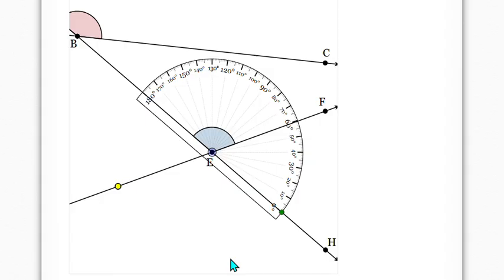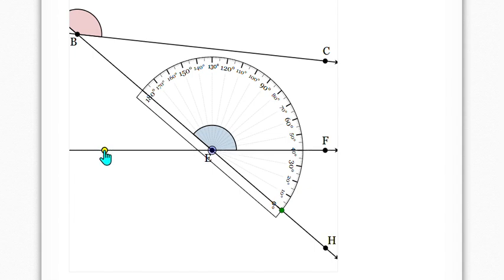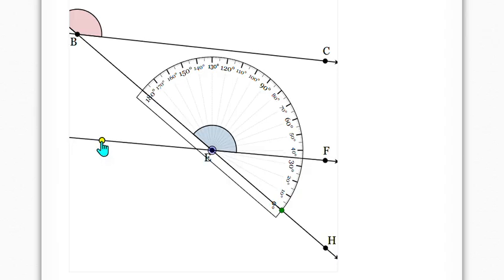So this line that we're going to move around, we want that to move to where it gets to 34, which is right about here. So I'm going to go like this and rotate, rotate, rotate.